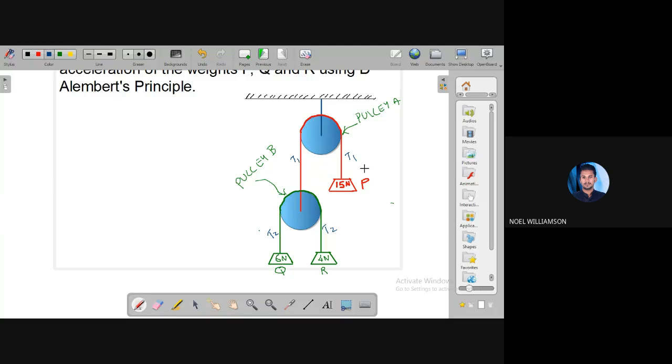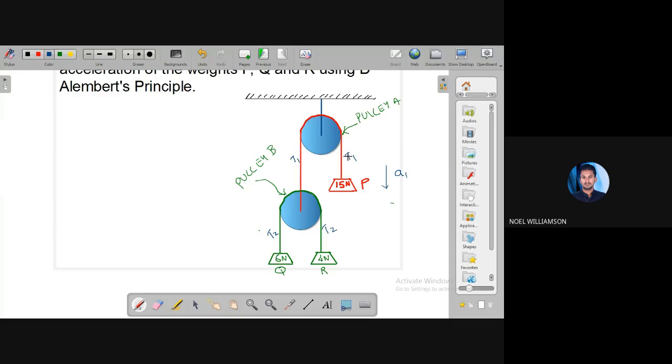Now we consider the acceleration. Let us consider the case of pulley A. Here, as we know, on the right portion it is 15 Newton, and on the left portion it is 10 Newton in total. So P has a tendency to move downwards like this, with an acceleration, let the acceleration be a1.